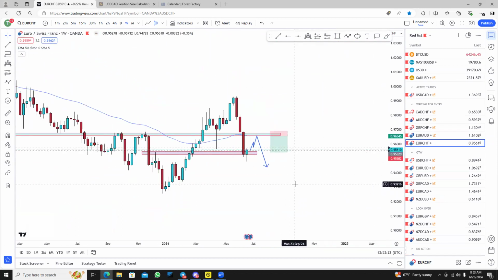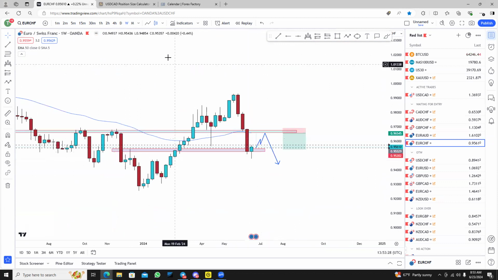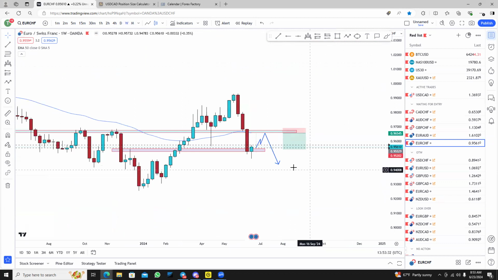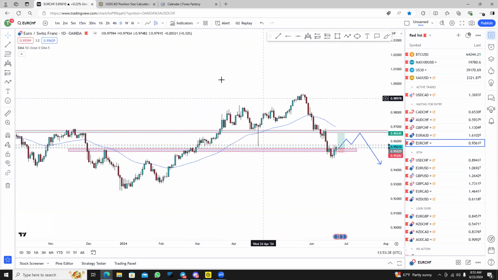Euro CHF. Here's another kind of a big move, head and shoulder formation. Don't like how this had this huge dip. Weekly is bullish. Nope, weekly is bearish. Weekly bearish. Daily bearish.